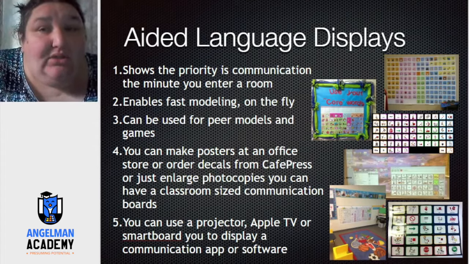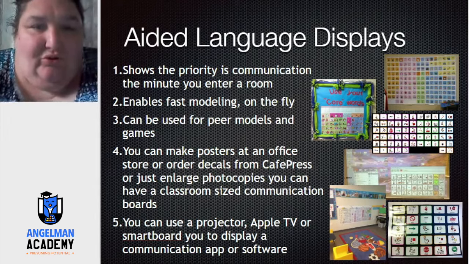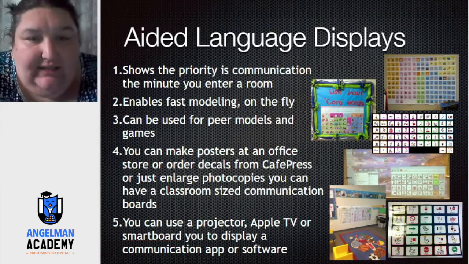So you upload your core language board and whatever other aided language displays you'd like to Cafe Press, and then they will make you these very large static clings that won't hurt the wall. They are hard to move around, so don't think you're going to move it from room to room. But I love those static clings for aided language displays.